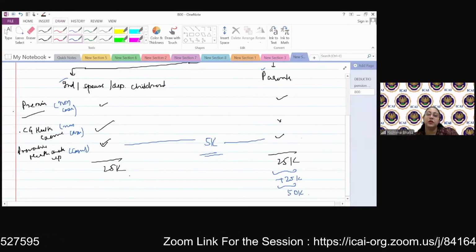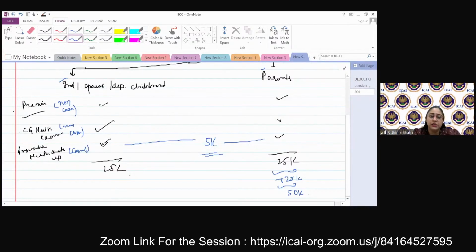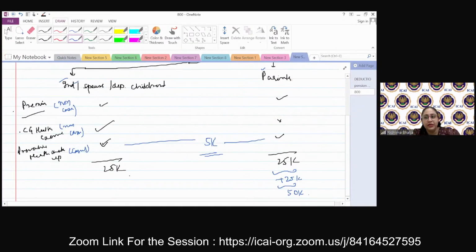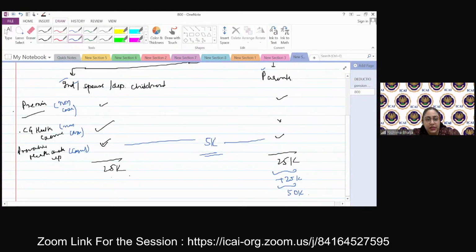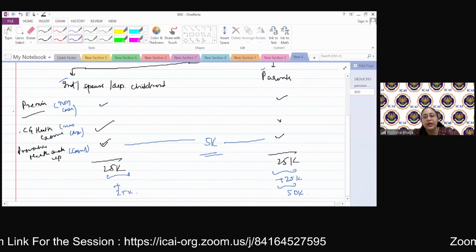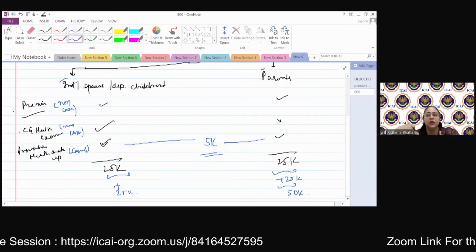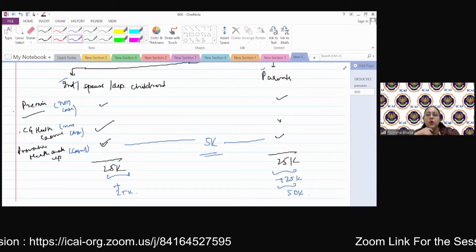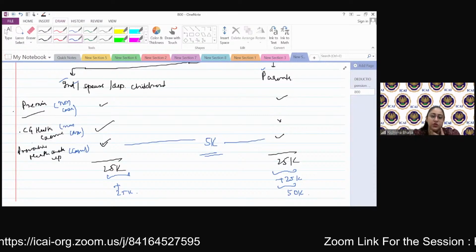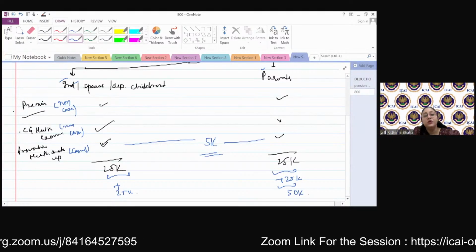And suppose I am also a senior citizen, and here my parents naturally are senior citizens, then this would also be increased by 25,000. So whenever in any category, either the parents category or your category, any of them is a senior citizen, the bracket increases by another 25,000 each. So the maximum deduction now is 1 lakh.